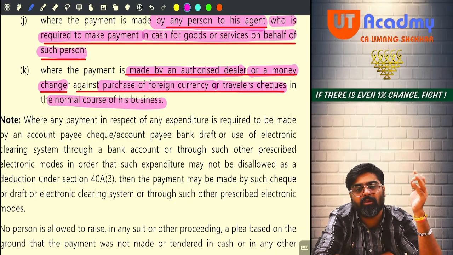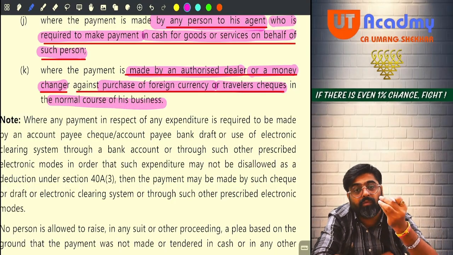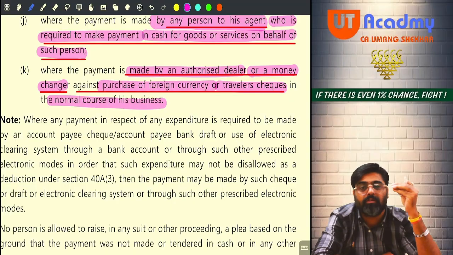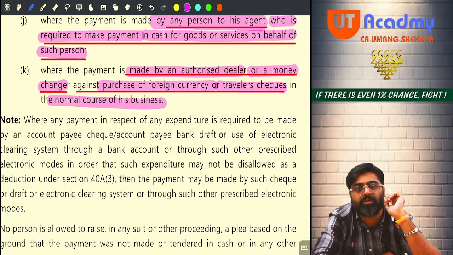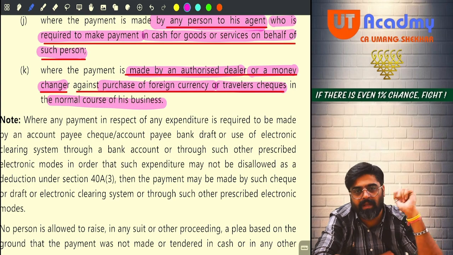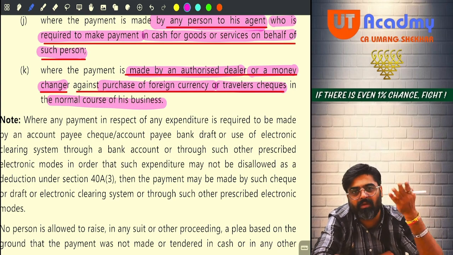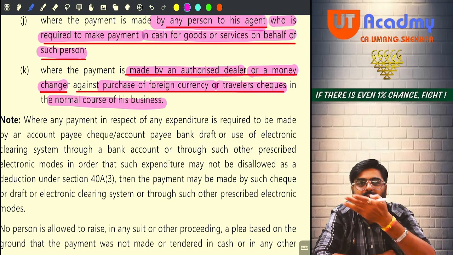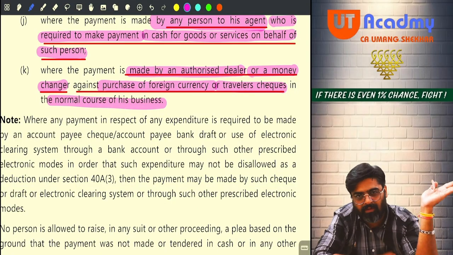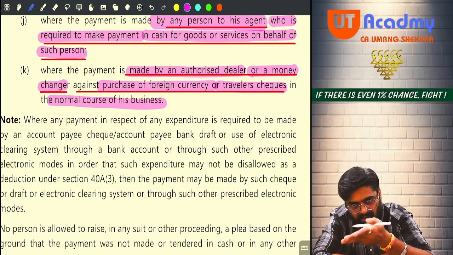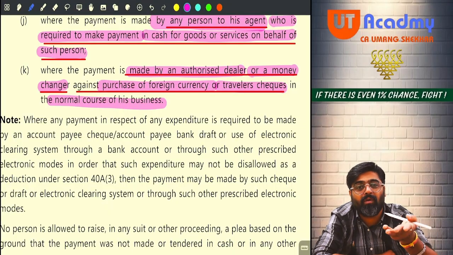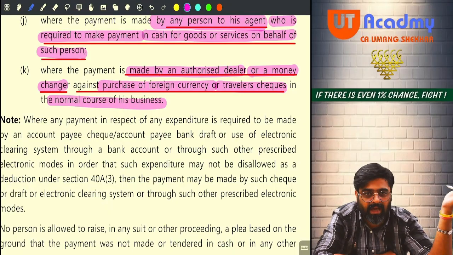So if somebody is offering foreign currency or traveler's checks to me, should I do a bank transfer? They are not giving me foreign exchange to get a bank transfer. They are giving it to get cash in their hands, which they are going to spend here.